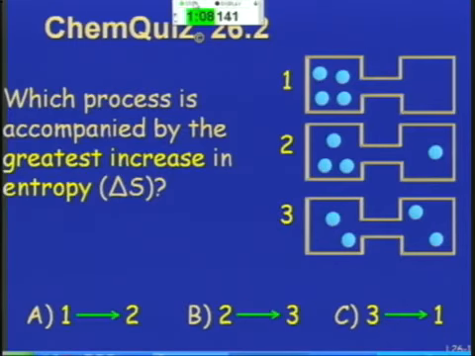So S is k, a constant, times ln W. Actually, you can discuss it with each other already, because I'm not going to ask it again.